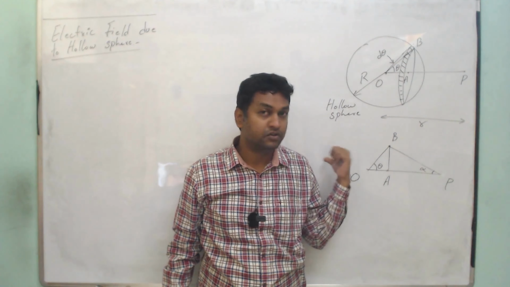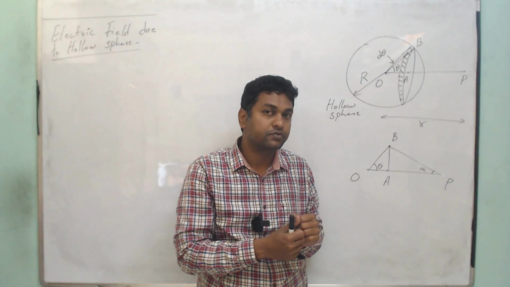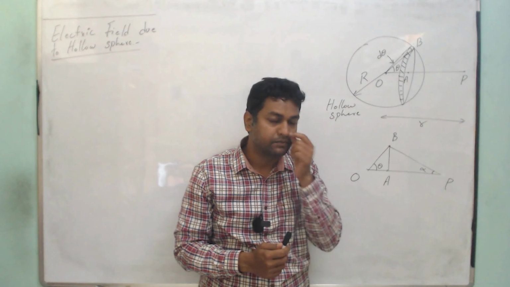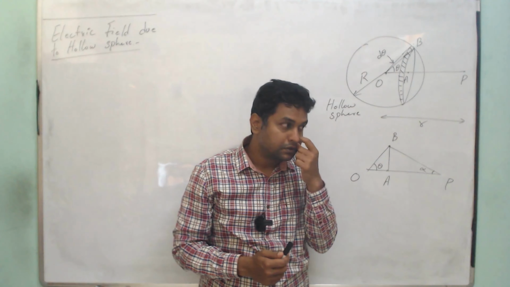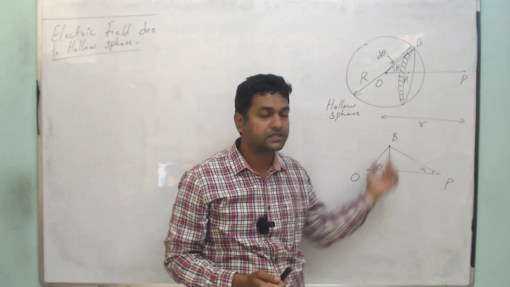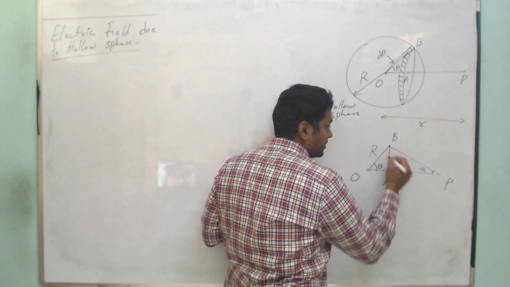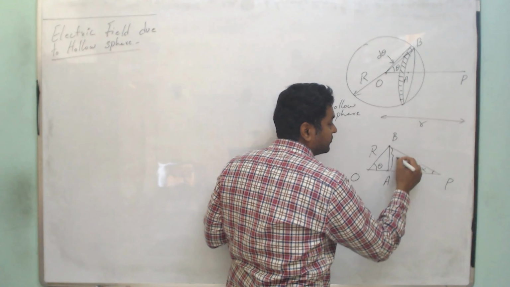The radii also will be the same. Radii, basically, in terms of r sine theta: if this is r, the radius of the loop will be r sine theta.